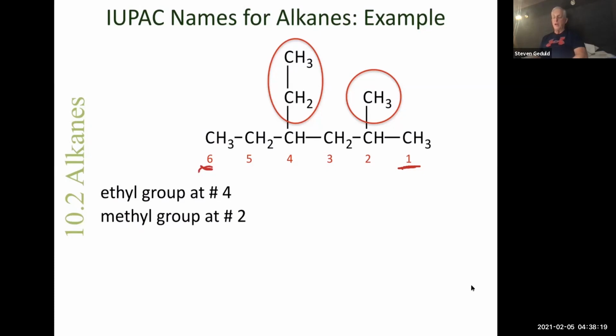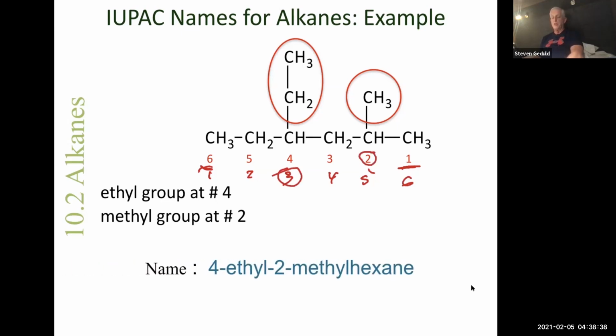If we did it the other way, it goes 1, 2, 3, 4, 5, 6. If we did it that way, our first substituent or attachment would be at number 3. Doing it this way, our first substituent attachment is at number 2. You always give the lowest number to the first attachment.